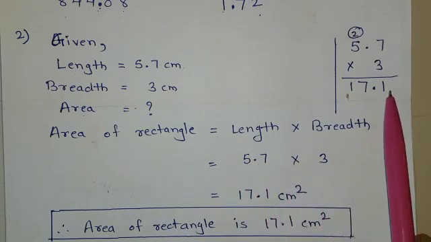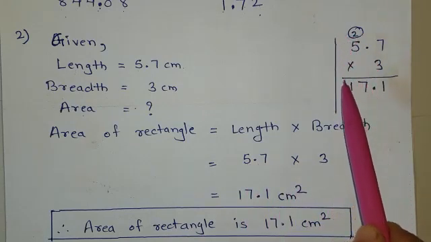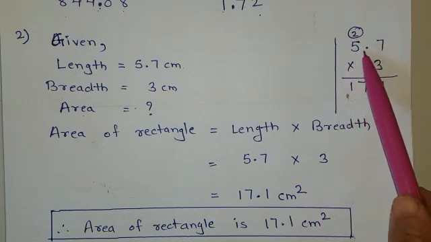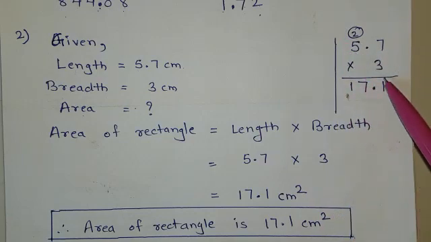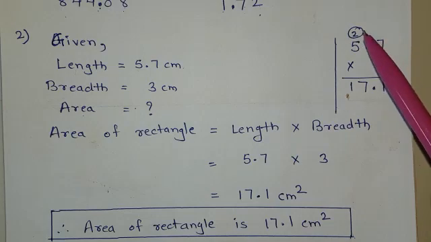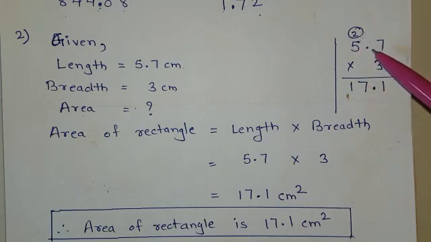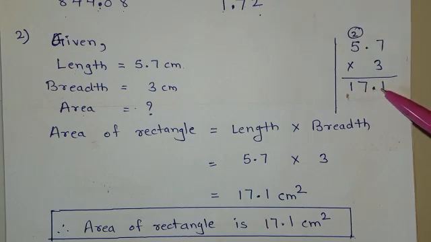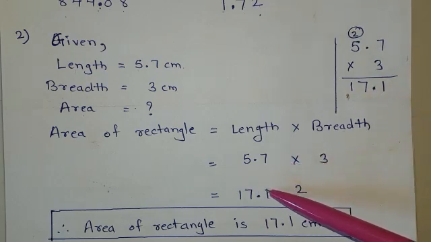On your right side, you can put one line to do the rough work. So 5.7 multiplied by 3, 3 sevens are 21, 1 here, 2 carry, 3 fives are 15 plus 2 is 17. Now after the point there is only one digit, so from the right side I will leave one digit and put the point. So my final answer is 17.1, which I have written here.